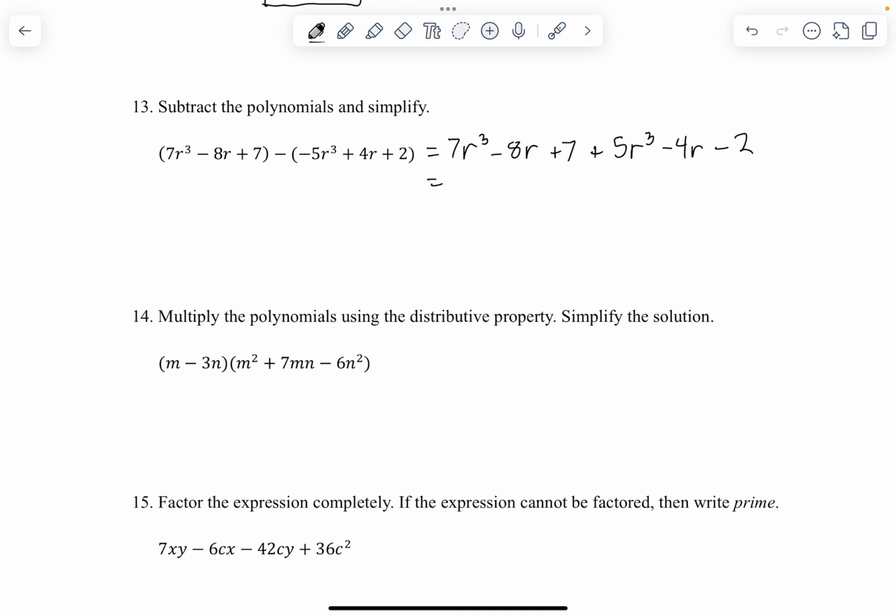Now I can combine like terms. 7r cubed plus 5r cubed is 12r cubed. Negative 8r minus 4r becomes minus 12r. And then I get 7 minus 2, which is 5. So that's my final answer right there.